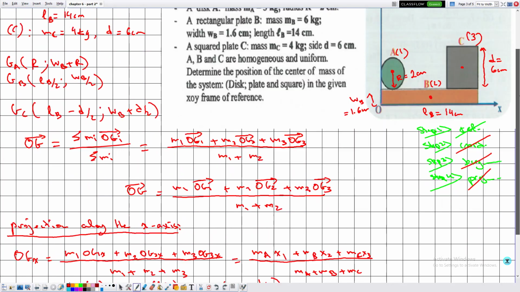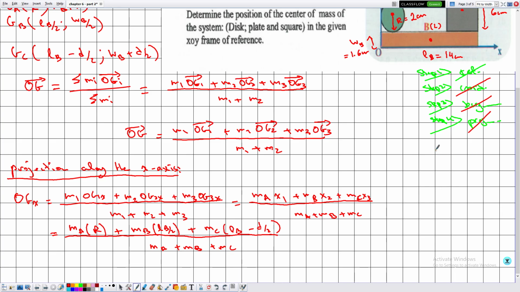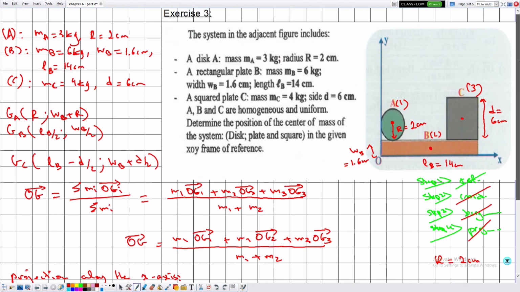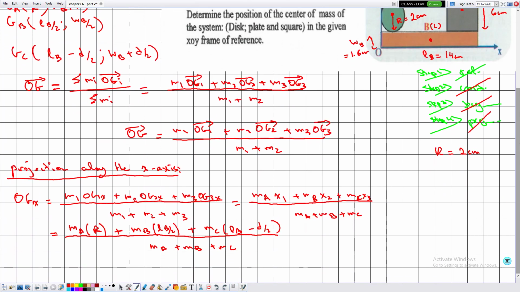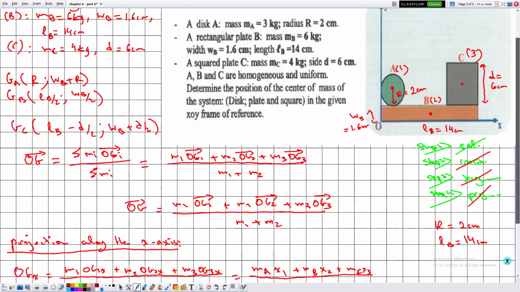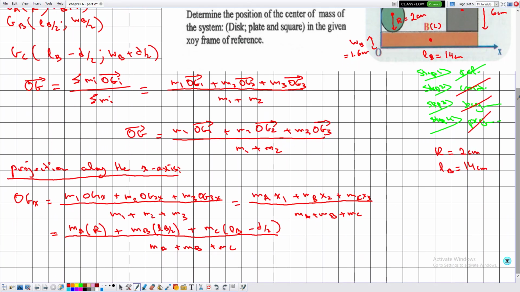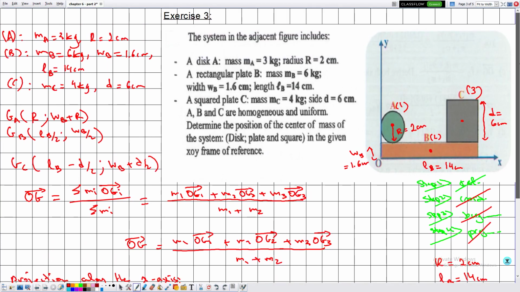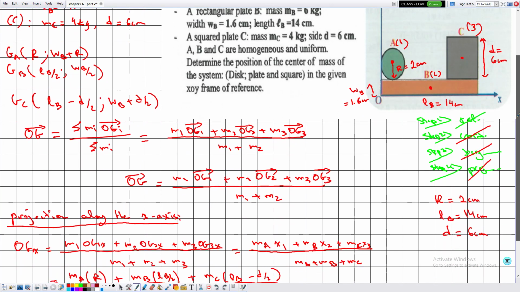Now the value of R is equal to 2 centimeters, the value of LB is equal to 14 centimeters, and the value of D is equal to 6 centimeters, and the values of the masses respectively are 3, 6, 4.